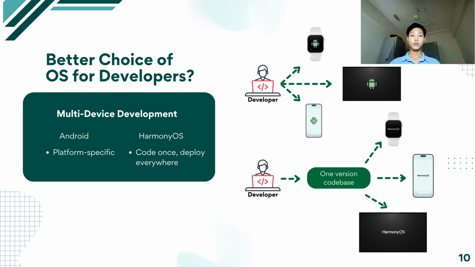Now, we move to the comparison of multi-device development between Android and HarmonyOS. For Android, the development is platform-specific, while HarmonyOS allows the developer to code once and deploy everywhere, which means the developer for HarmonyOS just has to write a single code base, and the code base can be deployed to different kinds of devices.